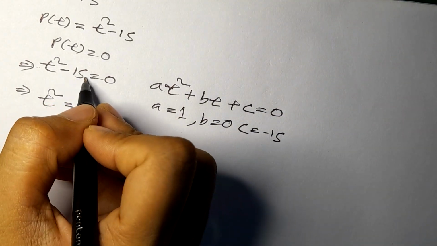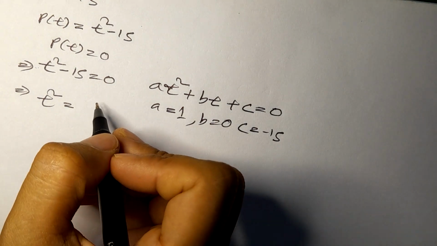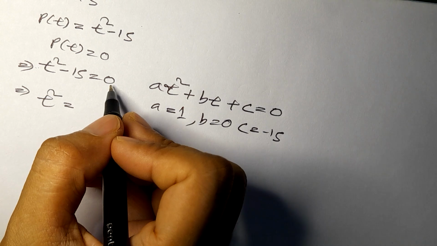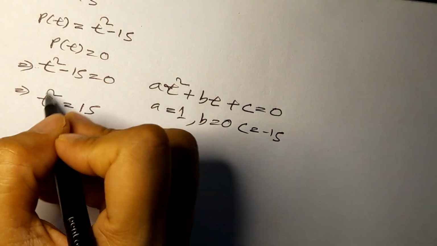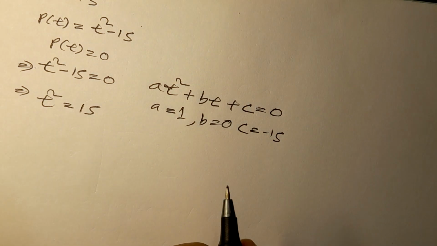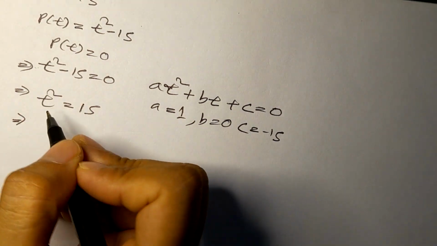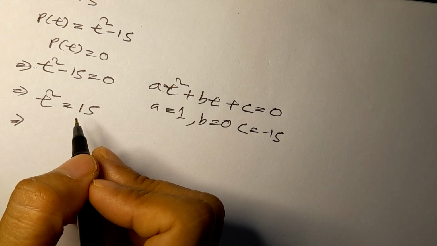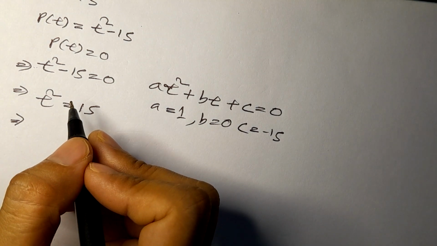So this is minus 15, so it will be plus 15. Before it, 0 is there; if you add any number to 0, it will remain the same. So in the 0, if you add 15, it will be 15. So now you have to remove the square. If the square changes position, goes to the other side of the equal to, it gives the square root along with the plus or minus sign, because here the square means there are 2 values of t.